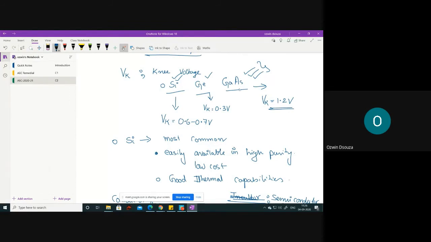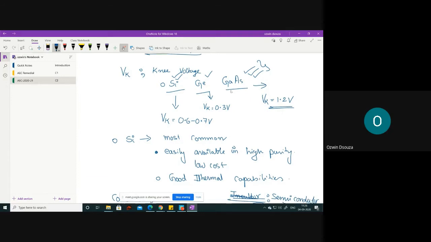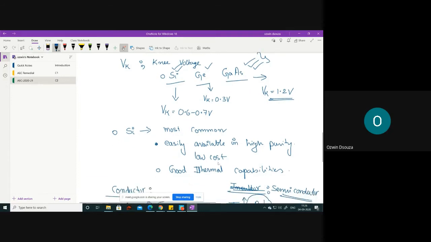But gallium arsenide is kind of an emerging material. That's because of the first point: in order to produce a semiconductor material using gallium and arsenic elements, the process cost is very, very high.